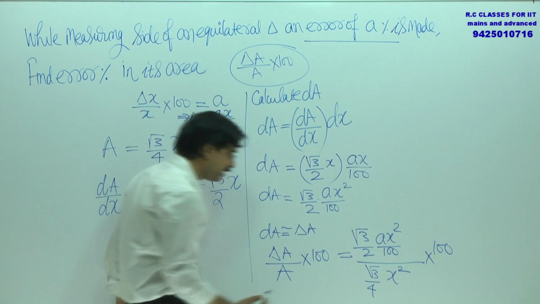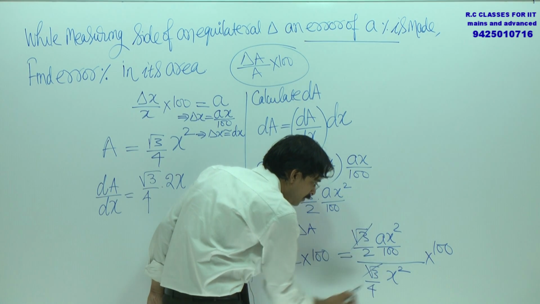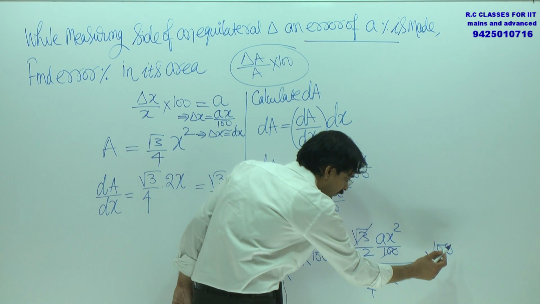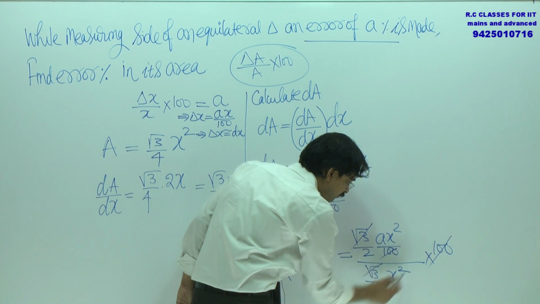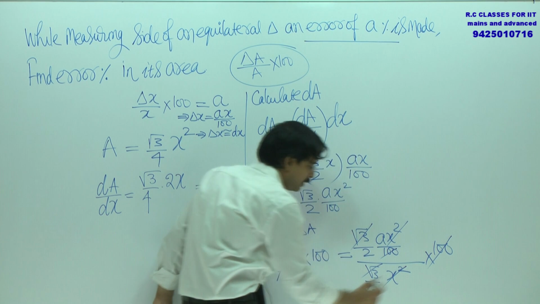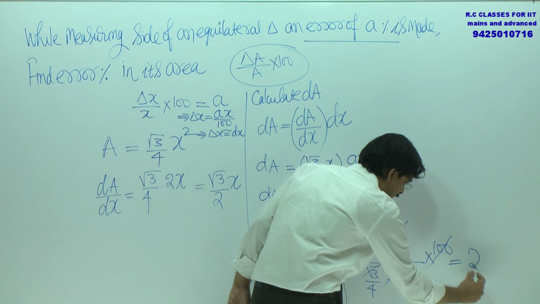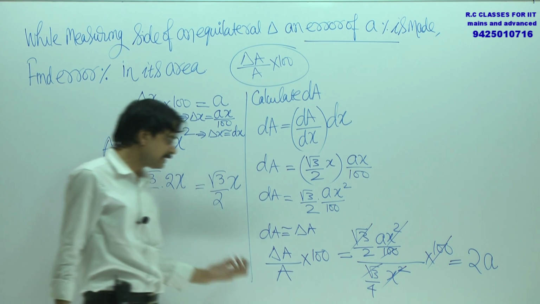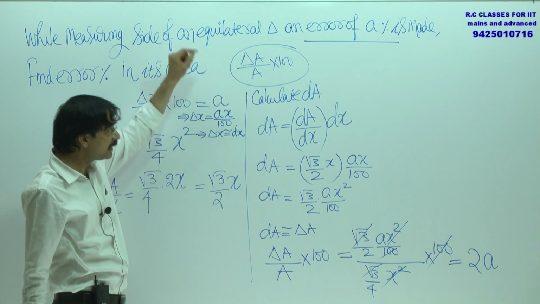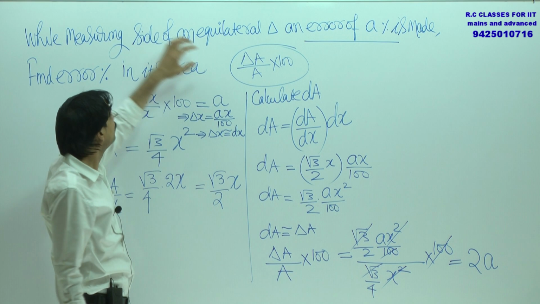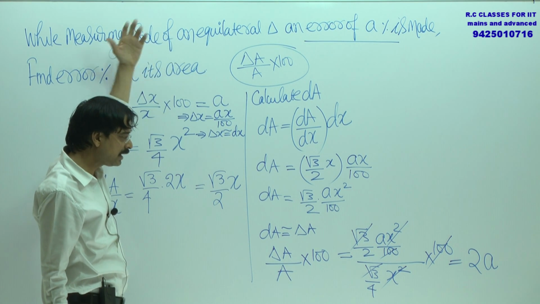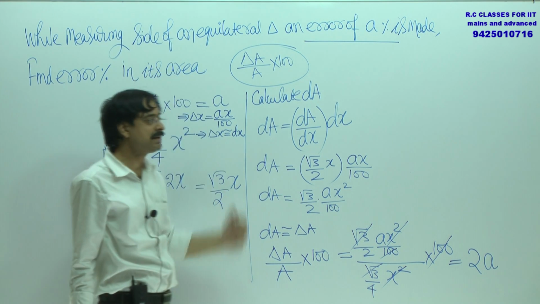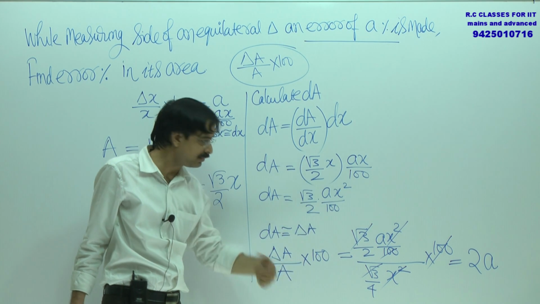So now we can calculate, and that is becoming twice of A. There is an error of A percentage made in the side, and so percentage error in area is twice of A.